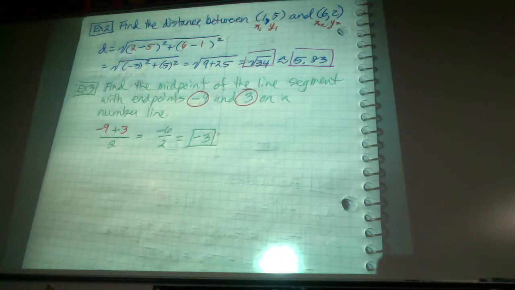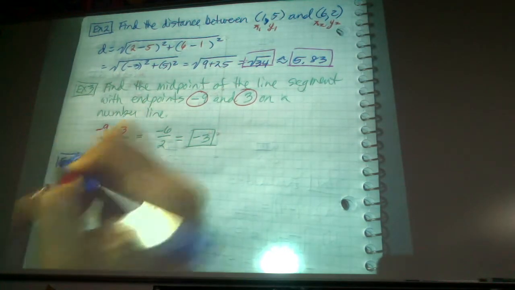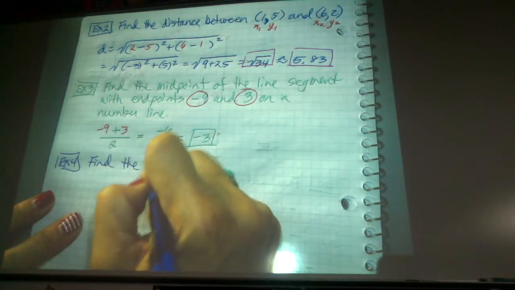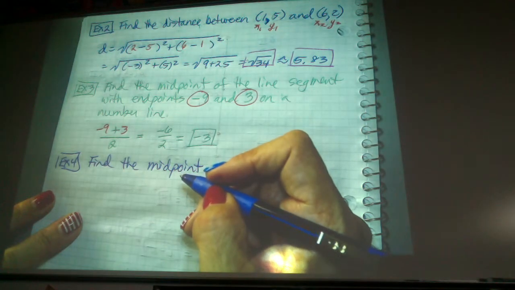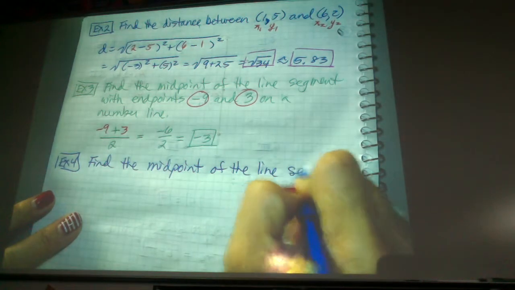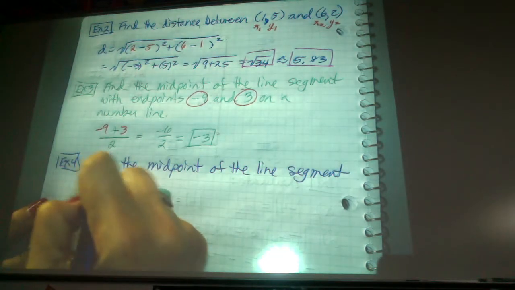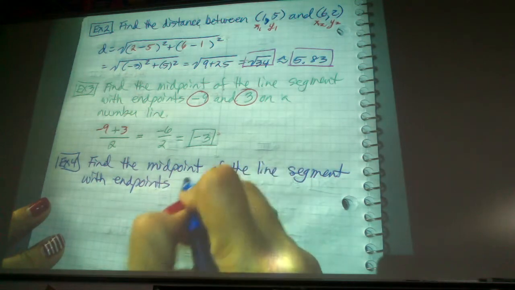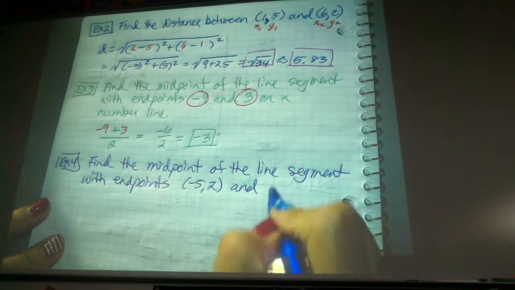So, example 4. Find the midpoint of the line segment with endpoints (-5, 2) and (3, 7).